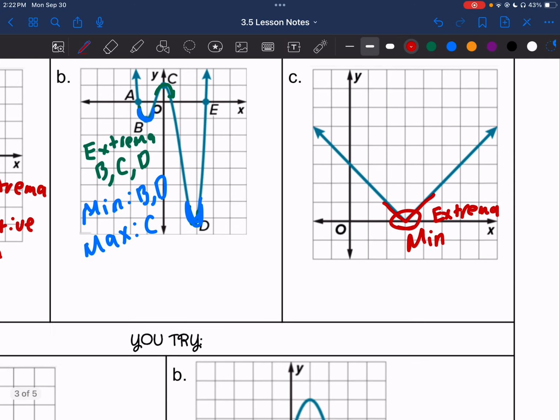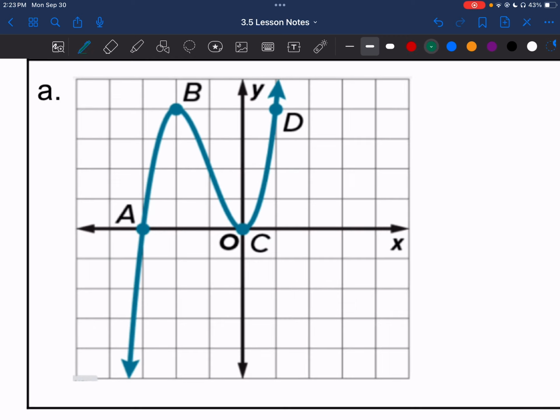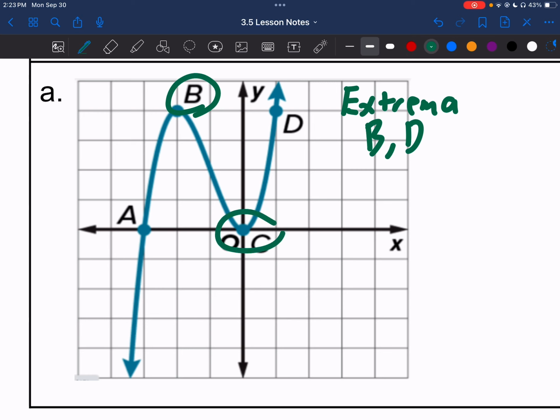There are two you-try problems that I would like you to do on your own. Go ahead and try them now. So for letter A, our extrema are going to be B and D. Those are our extrema.